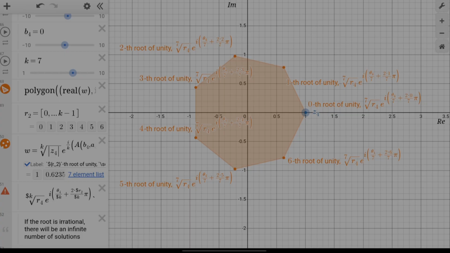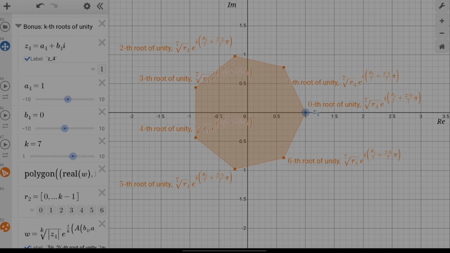And in this case, the multi-valued solution will correspond to different numbers. Not only different arguments, but also different numbers. And they are called the principal values of our root, aka the roots of unity.